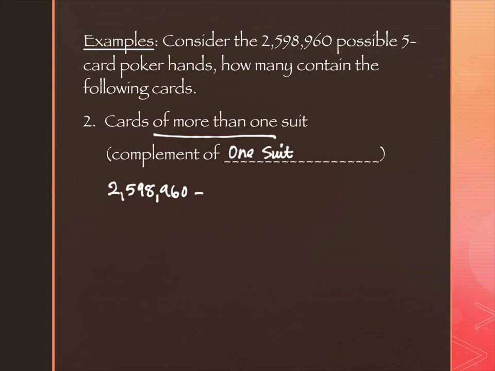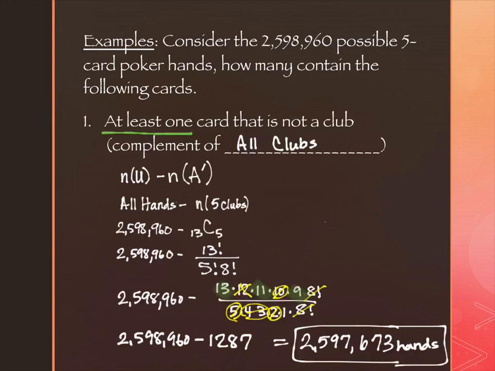Only one suit would mean all of our cards are clubs, or all hearts, or all spades, or all diamonds. We found the number of ways of getting all clubs to be 1,287. So there's 1,287 hands of cards that are all clubs.